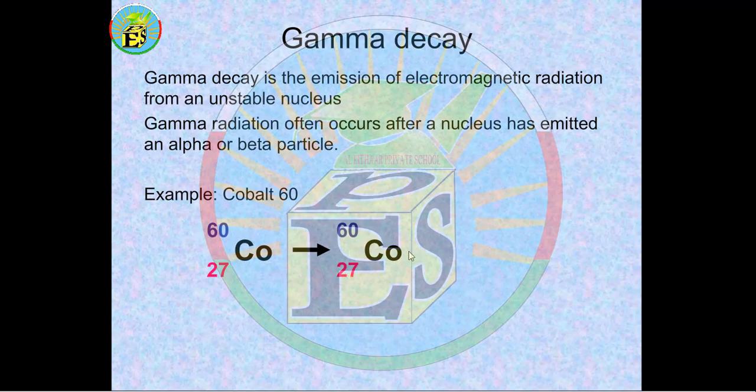This is the same element, and we have gamma ray. No change here, but we have radiation, because gamma ray is an electromagnetic wave, not a particle like beta and alpha particles.